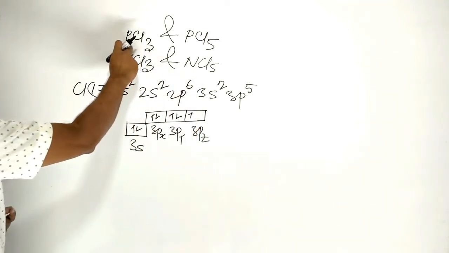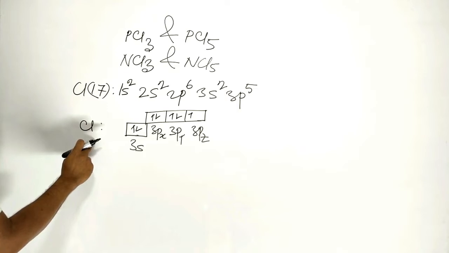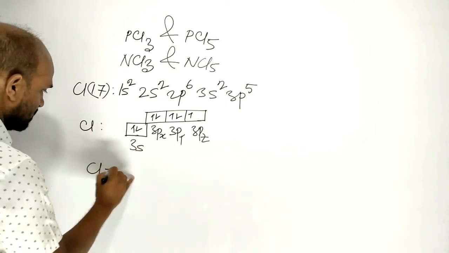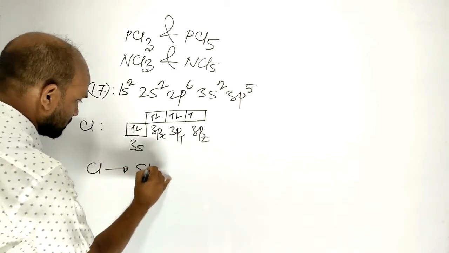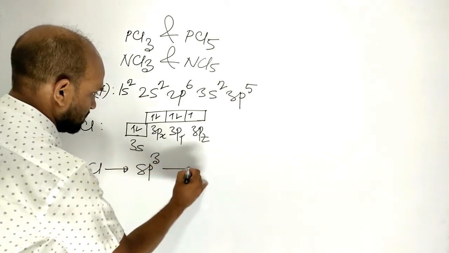In these compounds, hybridization of chlorine may be shown in this way. Chlorine here undergoes sp3 hybridization.